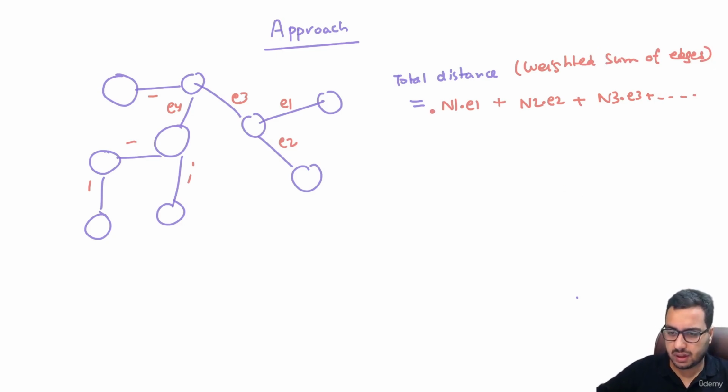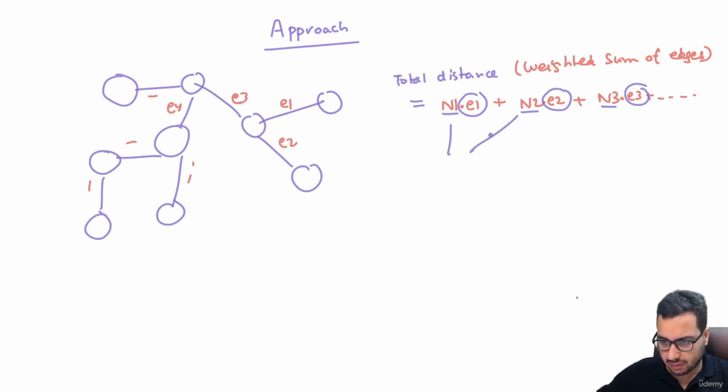And what we need to figure out is, we already know the edge lengths. We know e1, e2, e3, that is given in the input. What we don't know is how many times each edge would be used. We need to find out what are the values of n1, n2, n3, and these values should be such that they follow the constraints and they should be able to maximize.